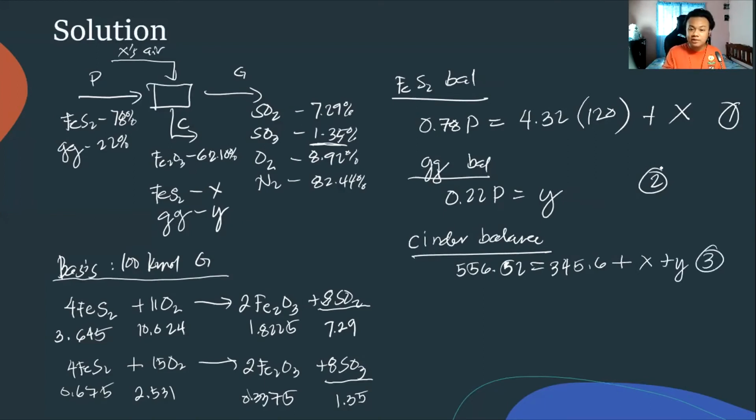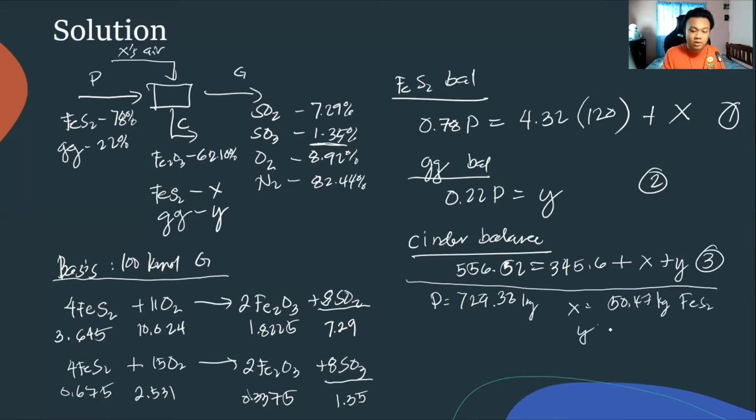Okay, we have three equations and then we have three unknowns, and then you can solve by solving simultaneously. You can get P 729.32 kilograms. We have X 50.47 kilogram FeS₂. We have Y 160.45 kilogram gangue. And then we can calculate for the percent FeS₂ loss.